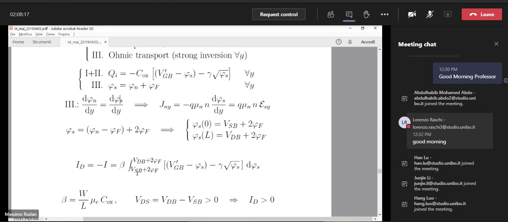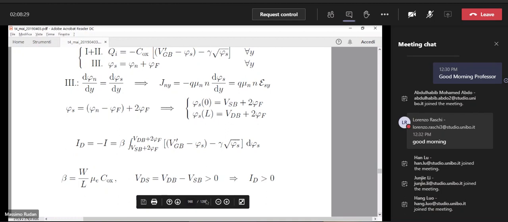Before continuing, we observe that if we take the difference between VDB and VSB, of course we obtain VDS, that is the voltage applied between drain and source.